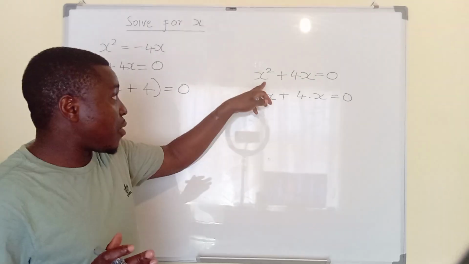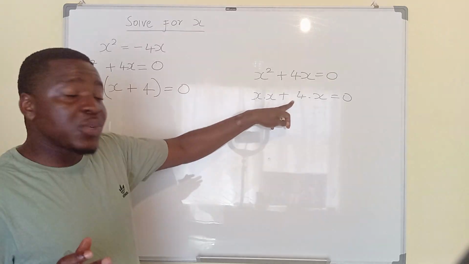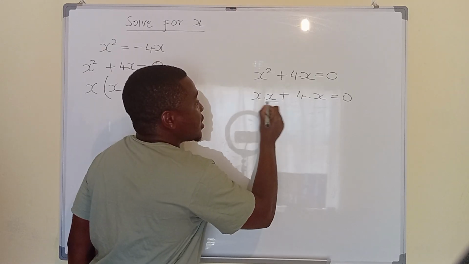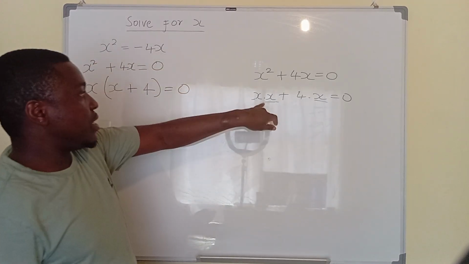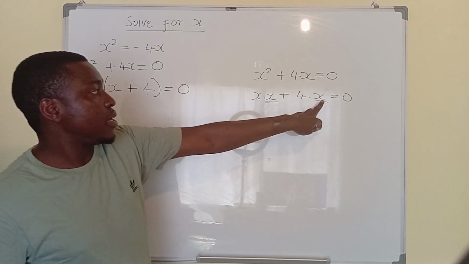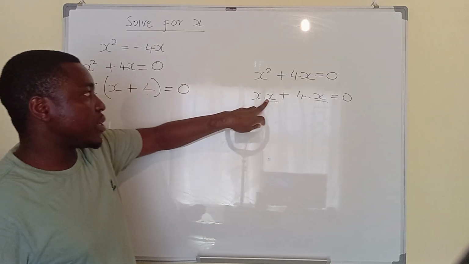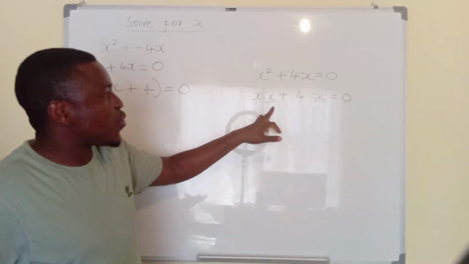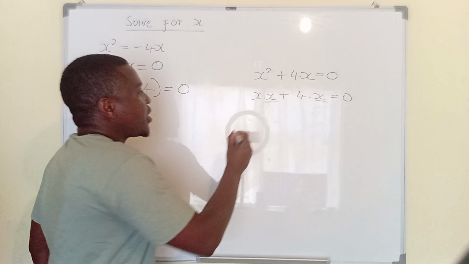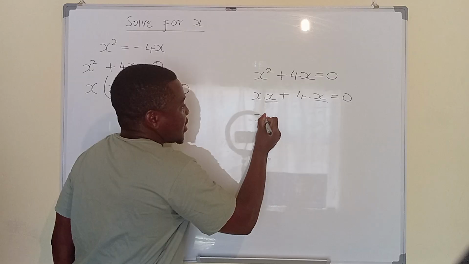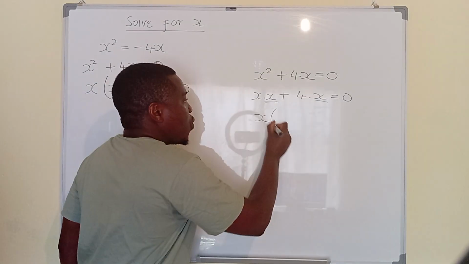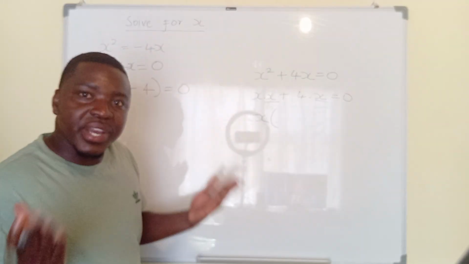So what we should do next is we look at this. x is common on this side. Here there's x, here there's x, and on this term there's x, on this term here there's x. So this points out to us that x is common, right? So when x is common, it's our common factor. We write it down here again, and we open our brackets.